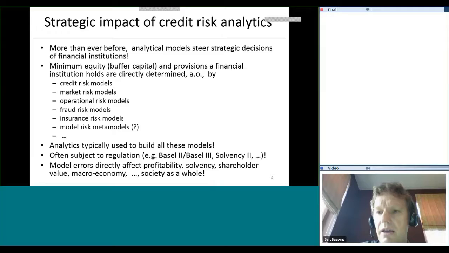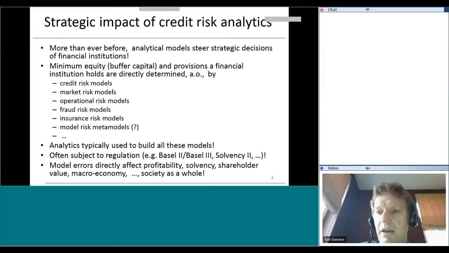Basel I, II, and III, or analytical accords, focused on credit risk models. Solvency II and the Solvency Accords, or analytical accords, focused on insurance risk analytical models.